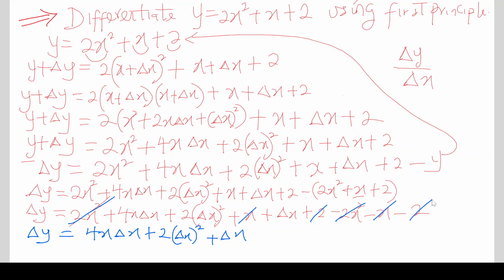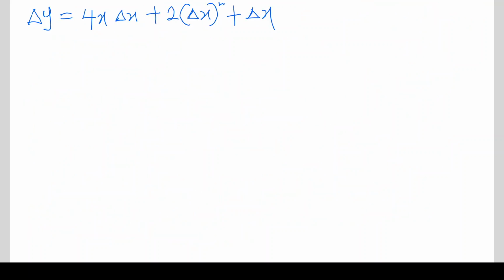Don't forget, we are going for delta y over delta x. We've gotten delta y, so all we need to do is divide all through by delta x. So we have delta y equals 4x delta x plus 2 delta x squared plus delta x.